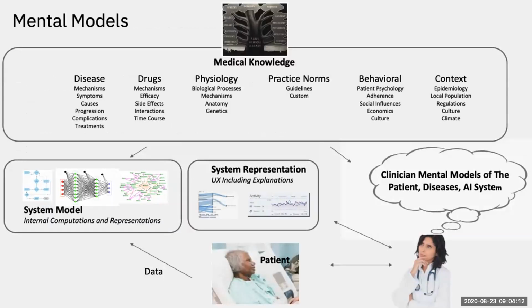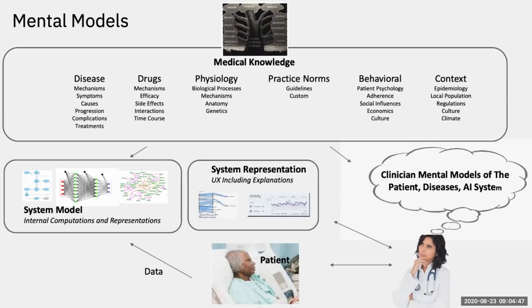And if we look into the theory of mental models, we can then think of explanations helping the clinicians or, for example, patients build their respective mental models. If we just focus on the clinicians for the time being, we can think of the clinicians looking at several aspects such as their medical knowledge, the model predictions, the model explanations, and the patient history to help build their mental model for the patients, their disease state, and what they can take into account in order to best serve the patient.